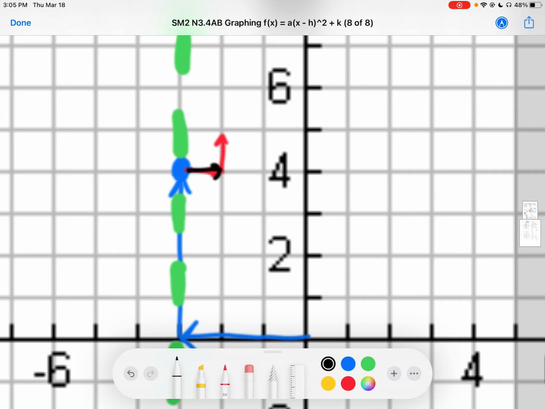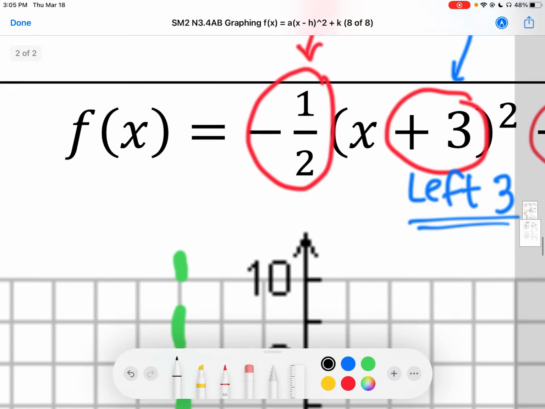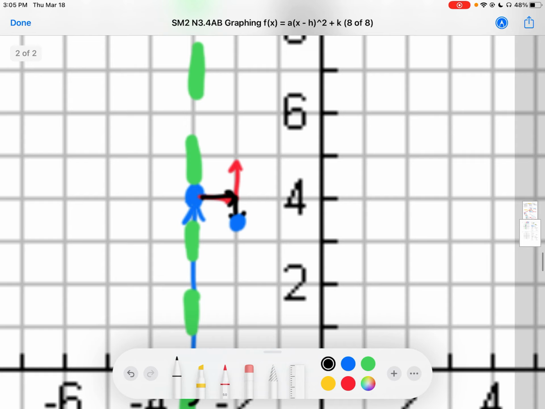So I'm still going to go over 1, but instead of up 1, I'm only going to go a half, and I'm going to go down instead of up. The 1/2 is because my A value is 1/2, and the down is because of the reflection. So again, let's go on this side. This side 1, and let's go down, but let's only go down 1/2. Okay, and then I can draw my parabola.